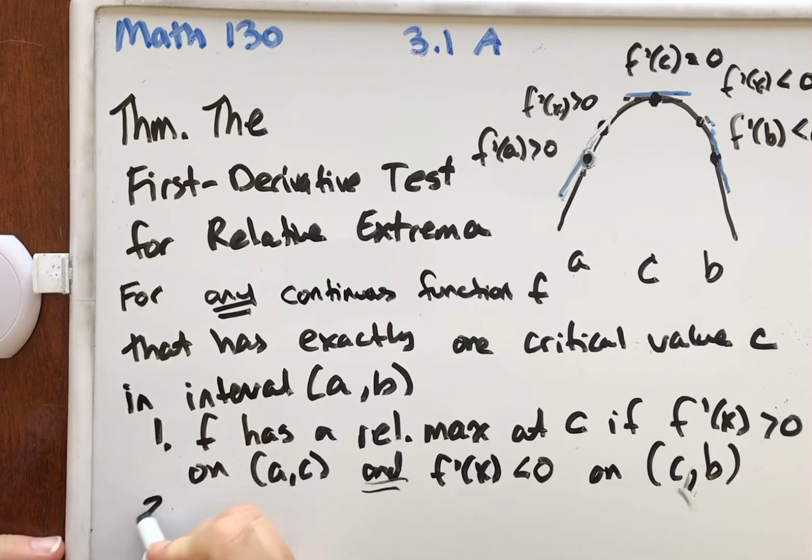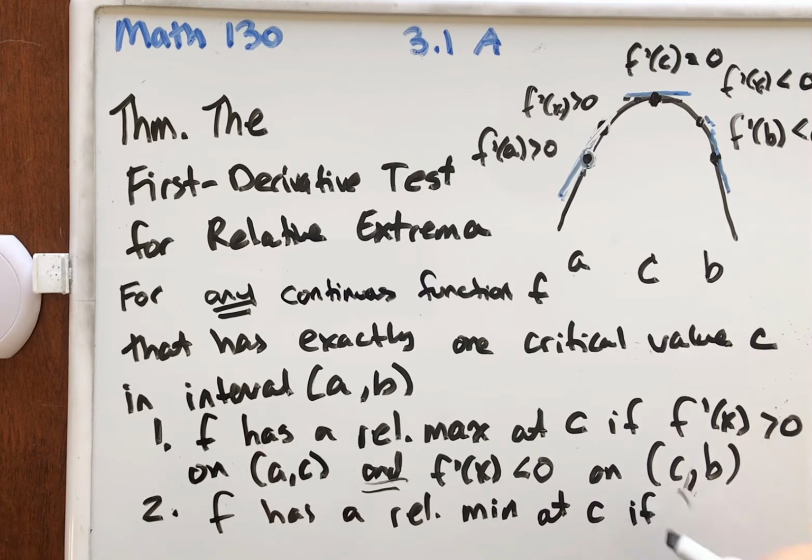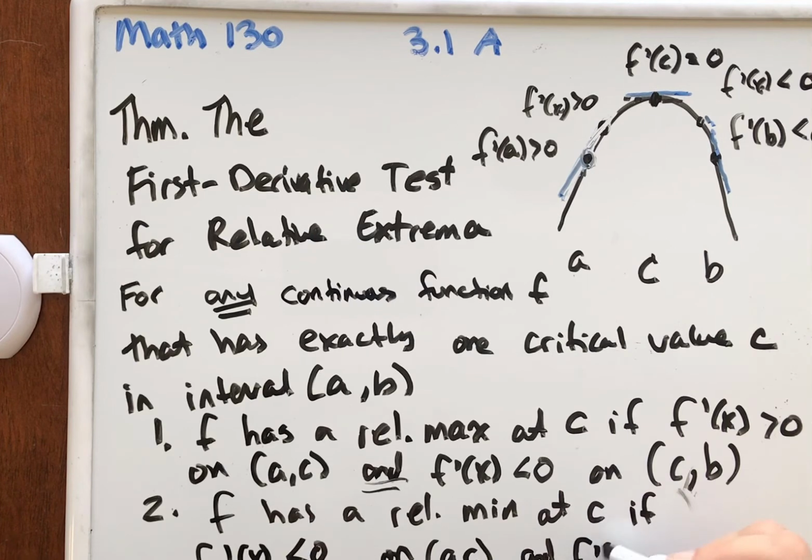Okay, let's go on to f has a relative min at C if f prime of x is less than 0 on the interval AC, and f prime of x is greater than 0 on CB.